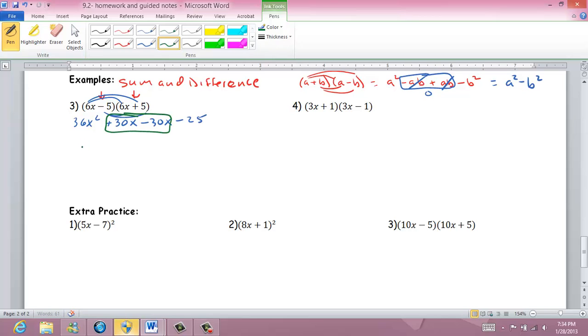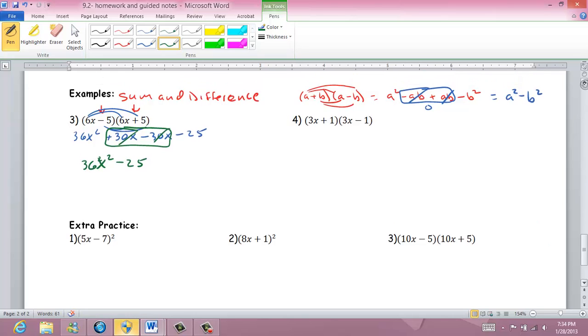Those two middle terms cancel out, and I'm left with 36x squared minus 25. So the middle terms in a sum and difference problem will always eliminate, leaving you with the first term squared and the last term squared. And that's how we approach a sum and difference problem.